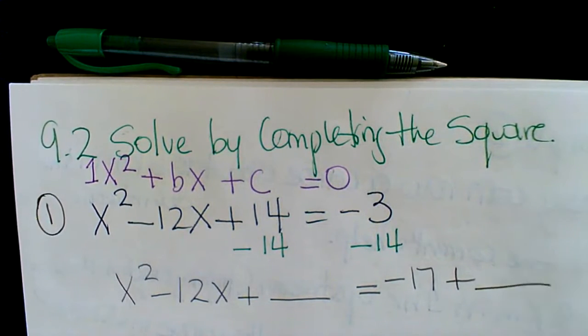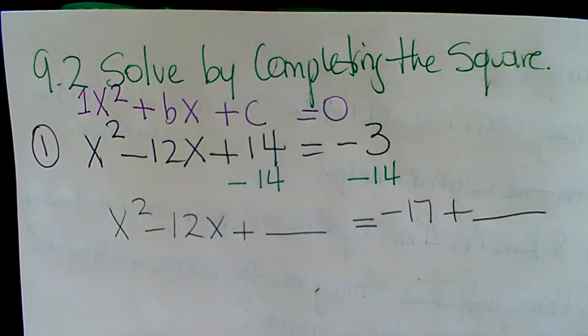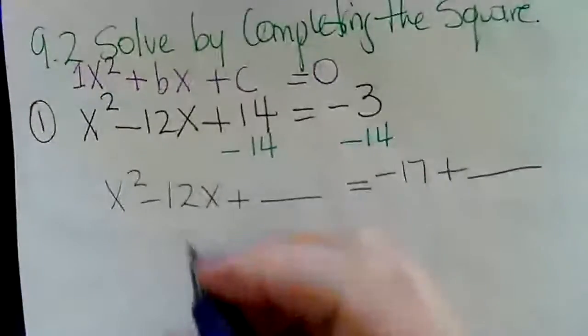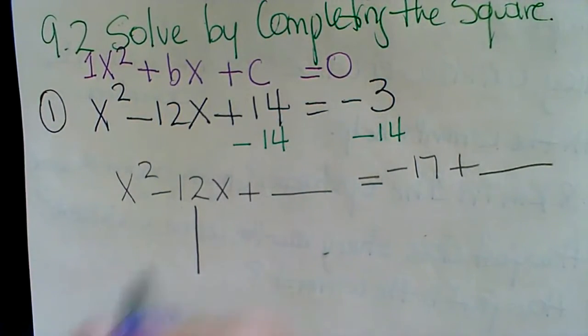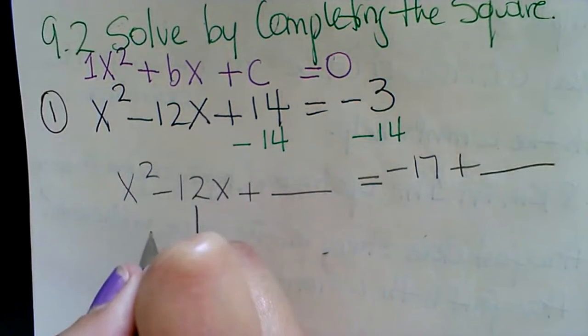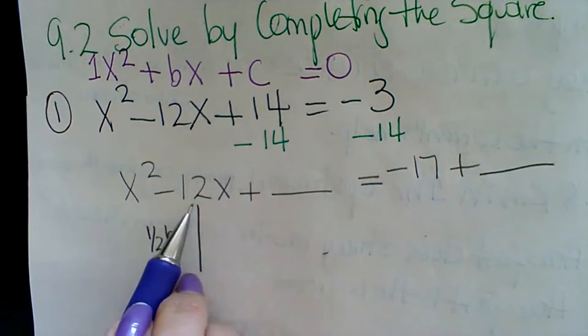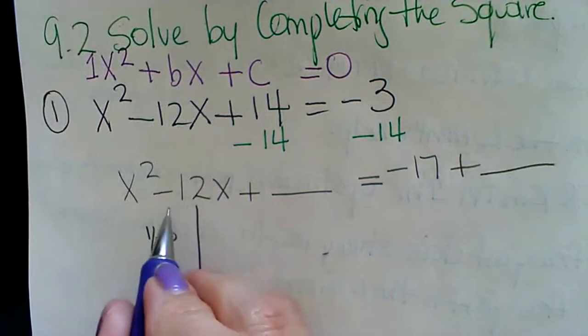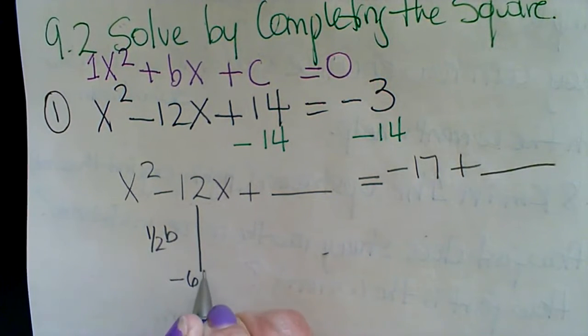Now, we are going to find half of b. So meaning we're going to find the b term, which is this one, -12. What's half of -12? It's -6.